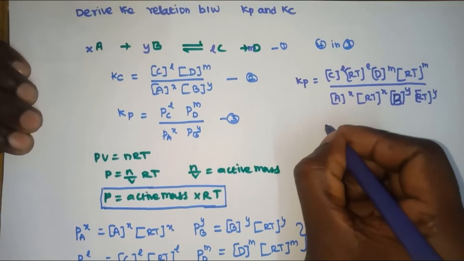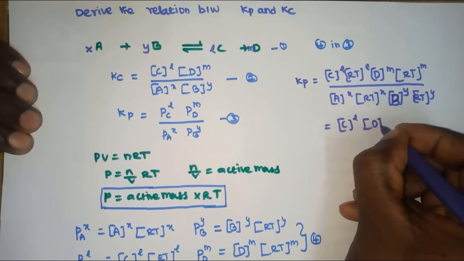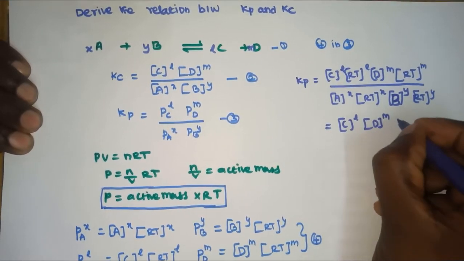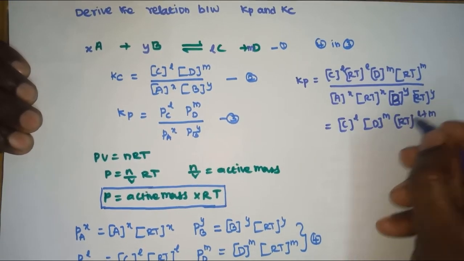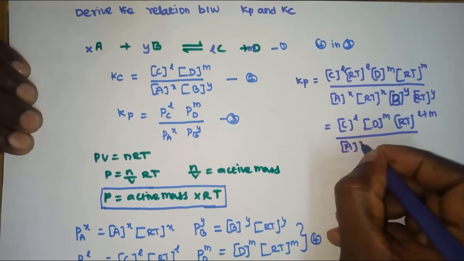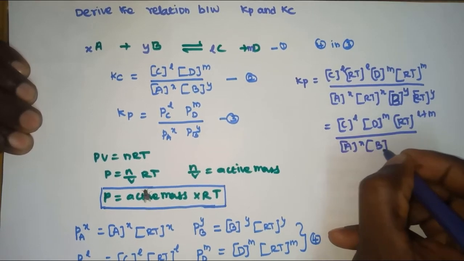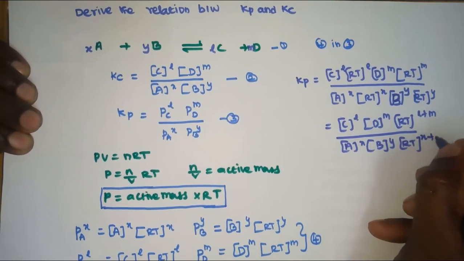Rearrange this equation: C power L into D power M into RT power L plus M, divided by A power x into B power y into RT power x plus y.